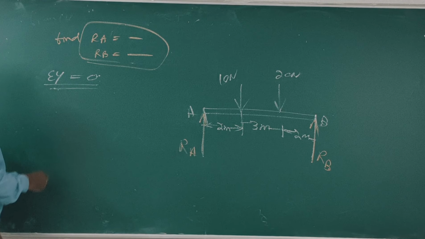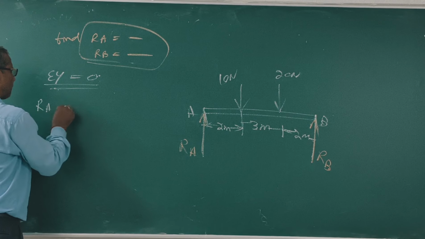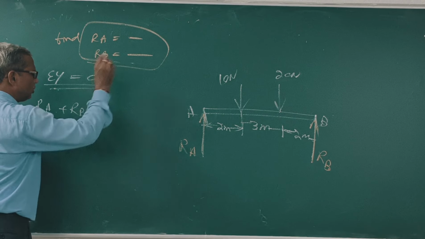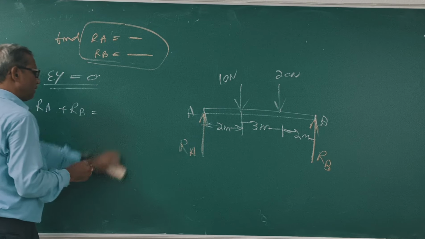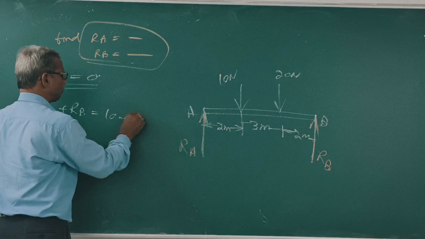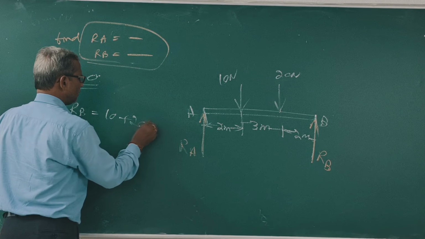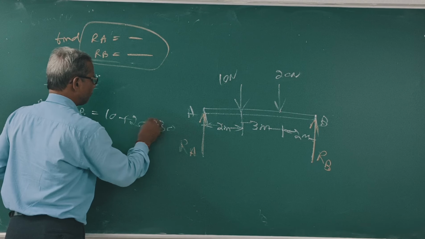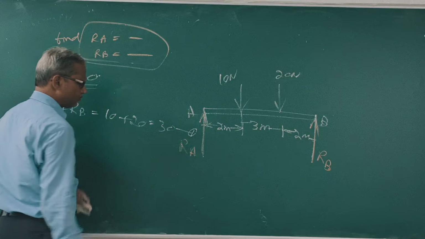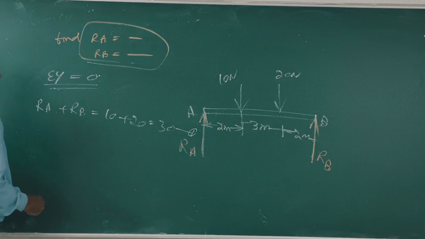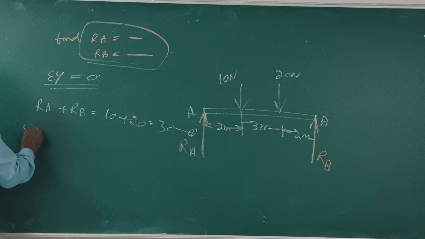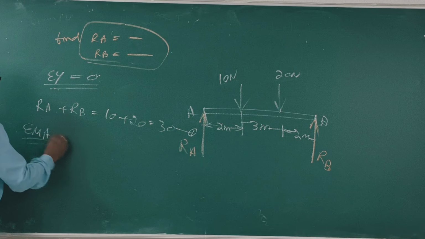Now RA plus RB is equal to 10 plus 20, which is 30 Newton. This is equation 1. Summation Fy gave me 0.